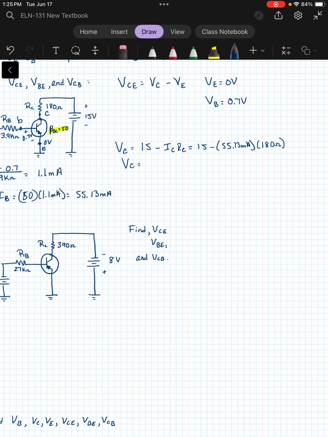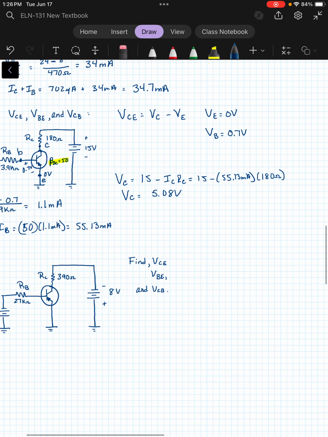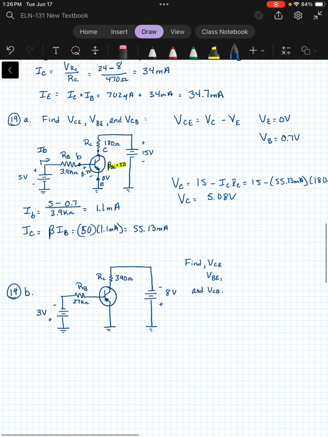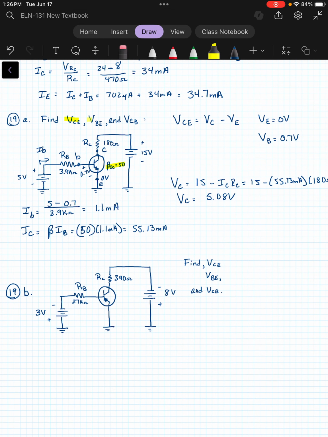And that gives us right about 5.08 volts there. Okay, now we're ready to find our VCE, VBE, and VCB.